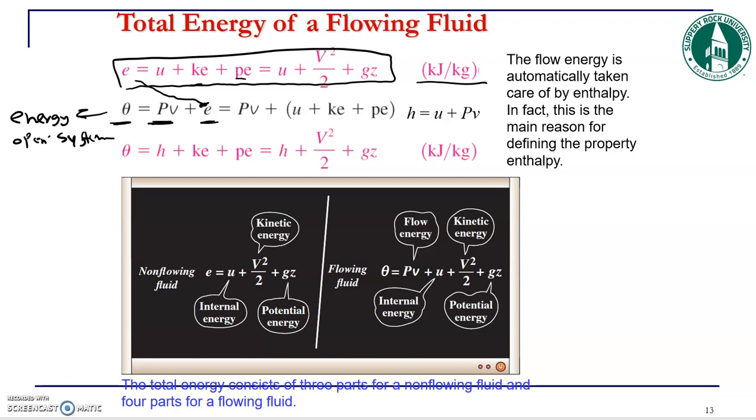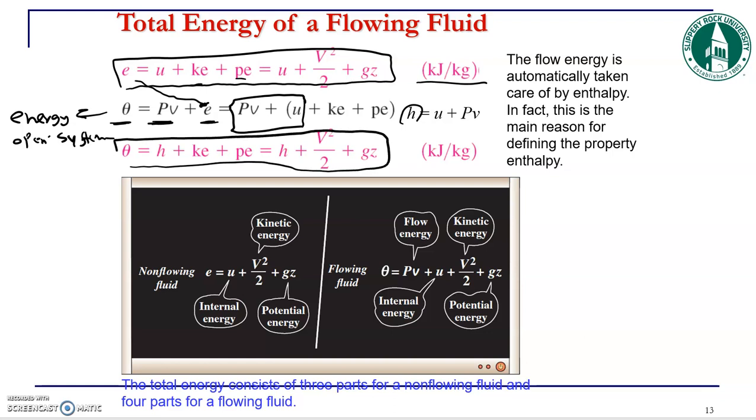So that's an extra term that we have. And if you remember, we had this definition of internal energy plus flow work is equal to enthalpy, and that's why we define the enthalpy in general. So we can rewrite the energy equation for a control volume to be equal to this, which is enthalpy plus kinetic energy plus potential energy.